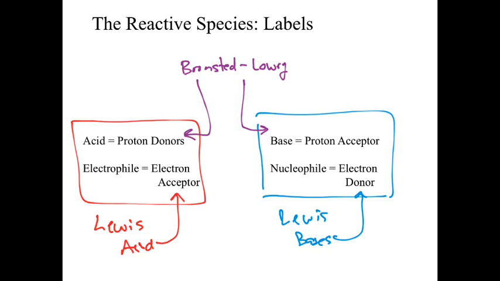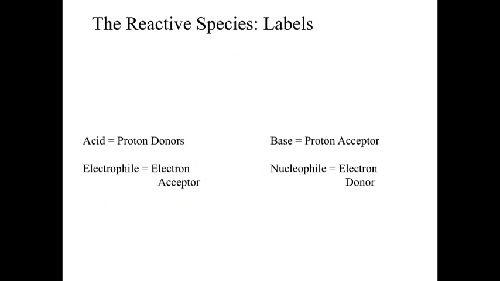So that's why when we look at this slide, it boils down to just this. Acids and bases, proton donor, proton acceptor, electrophile, nucleophile. Those are the four reaction types that we're going to deal with.